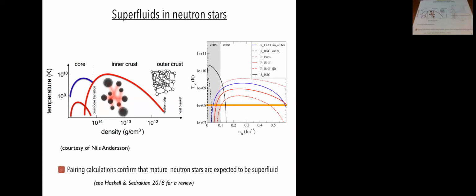But the neutrons will have S-wave pairing, which becomes P-wave in the core, and then in the core, the protons also pair. If we look at typical numbers, we have critical temperatures around 10 to the 9 up to 10 to the 10 Kelvin. Mature neutron stars, for the standard pulsar population, are around 10 to the 8 Kelvin interior temperature or colder. So we expect essentially superfluid throughout.